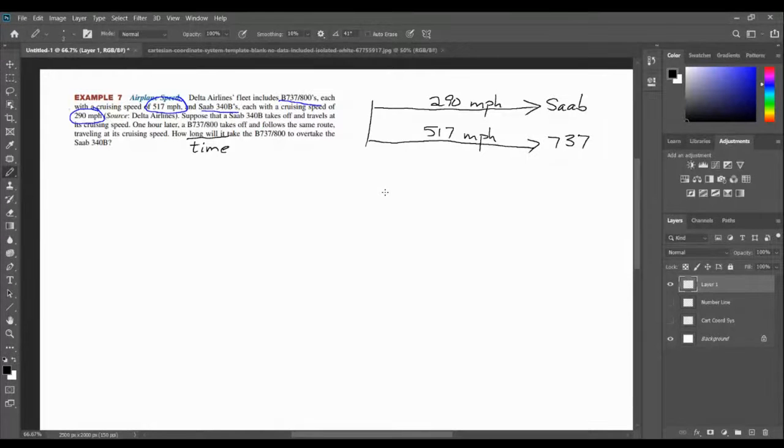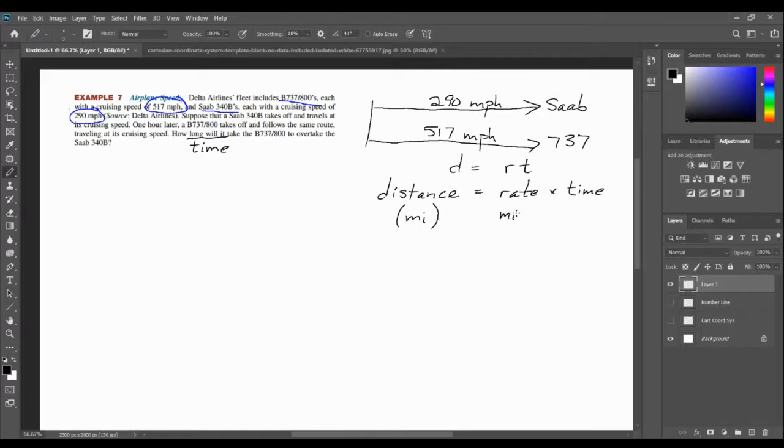Well, it turns out that distance equals rate times time. This is a formula you will want to memorize. You usually see it written D equals RT. Distance, thinking about units we might use, this might be miles.